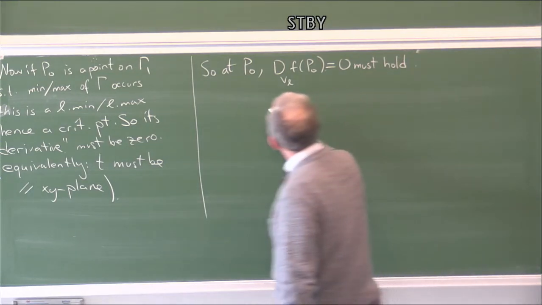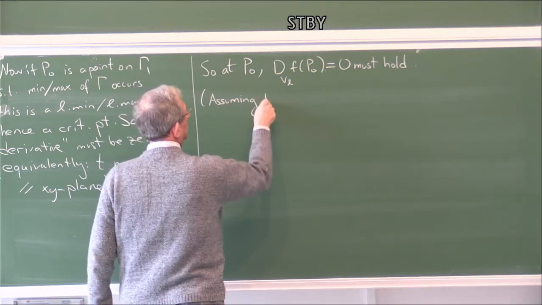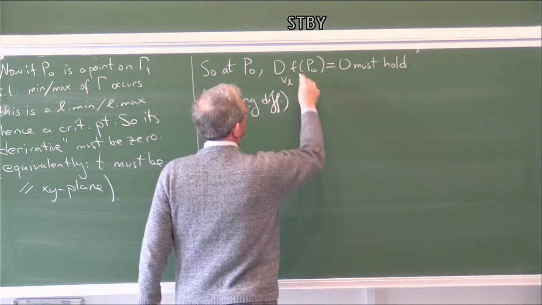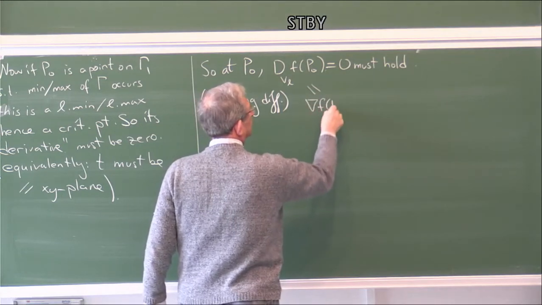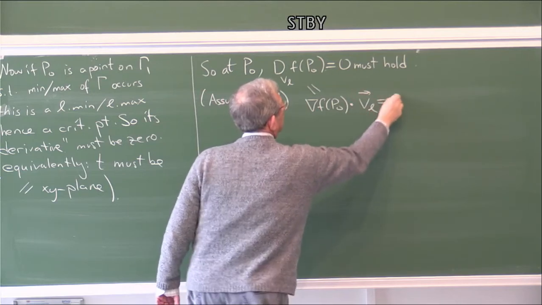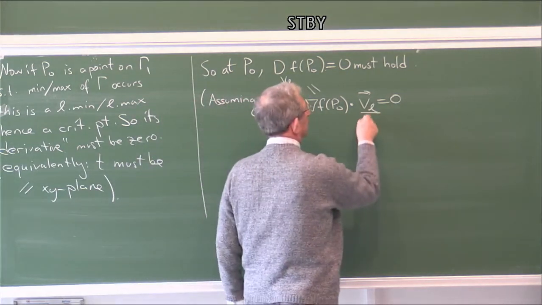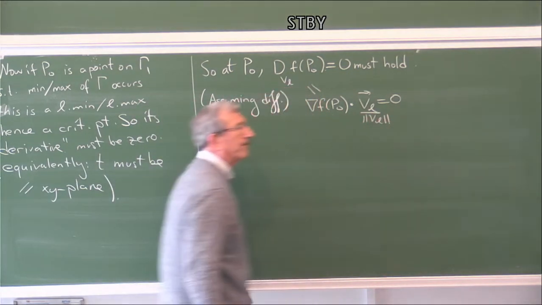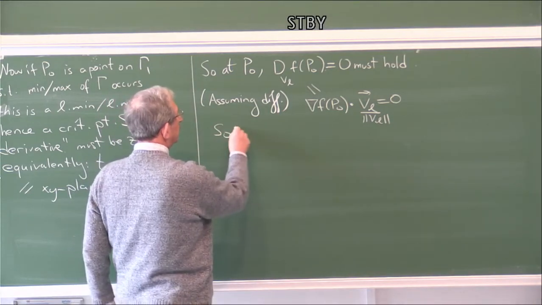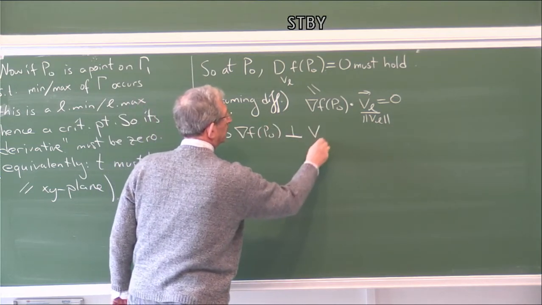What does this mean? Again, assuming differentiability, this means directly gradient f at P0 dot VL is 0. Actually, the unit vector, but it doesn't play a role because we have 0 here. This means that gradient f at P0 must be perpendicular to VL.